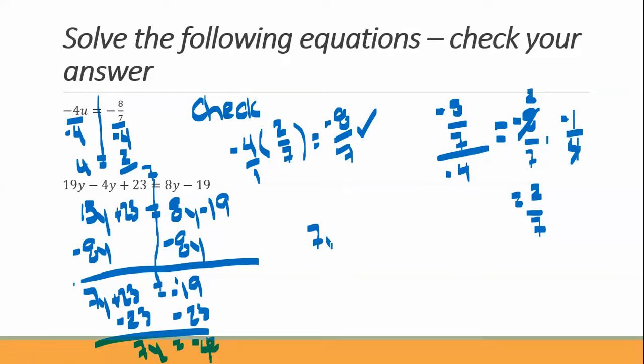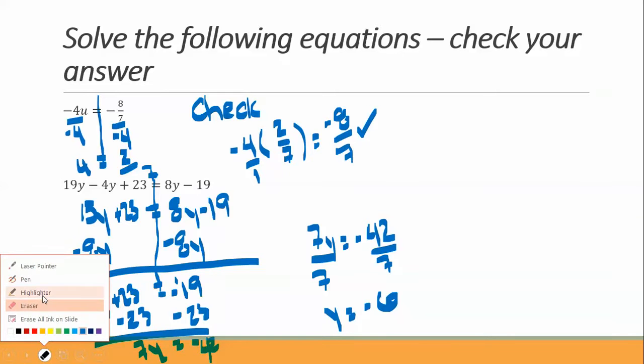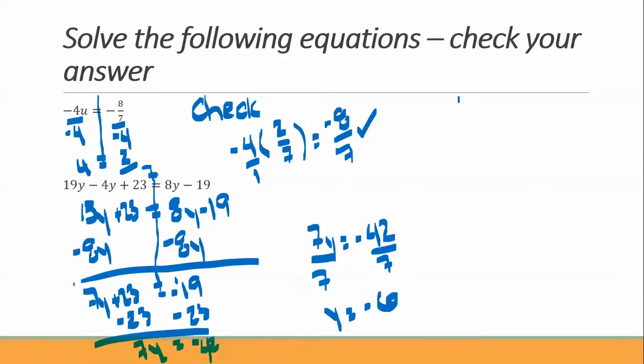So we have 7y equals negative 42, and we're dividing both sides by 7. So y equals negative 6. I'm going to erase some stuff over here. To check our answer, we have y equals negative 6.